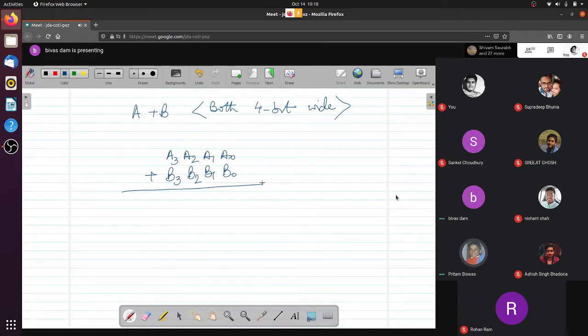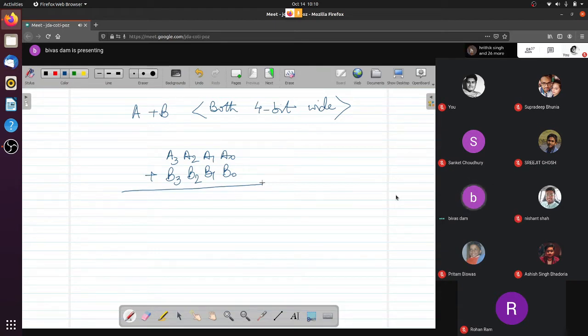Sir, 5-bit. You should be more precise and say at most 5 bits. The result will be at most 5 bits. It may be confined within 4 bits also, depending on the values of A and B, isn't it?